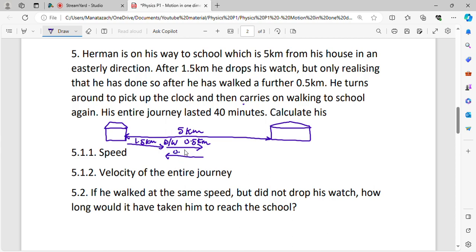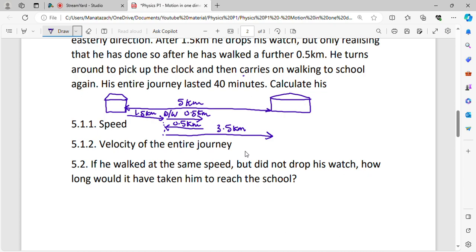That would have been another 0.5 kilometers to go back. He picks up the watch and then goes to school. So the distance between where he picked up the watch and the school is 3.5 kilometers.